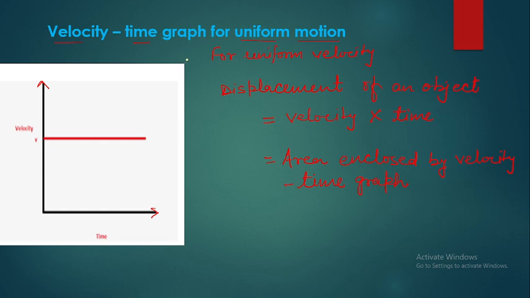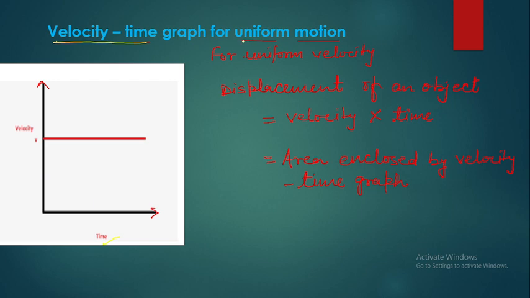Next, velocity time graph for uniform motion. In this graph, we represent the variation in velocity with time for an object moving in a straight line.